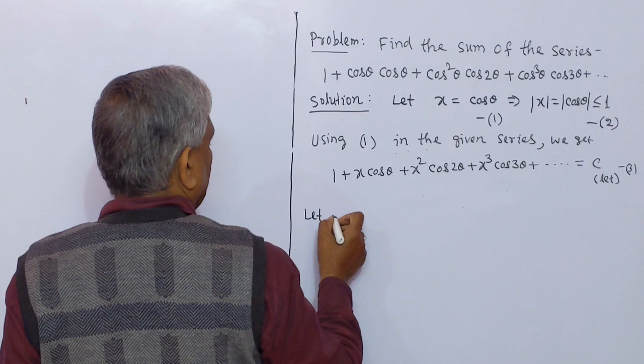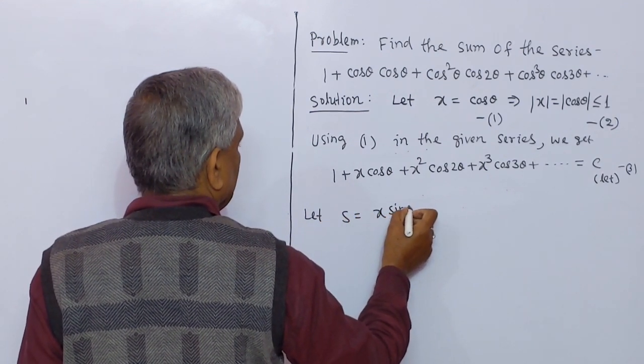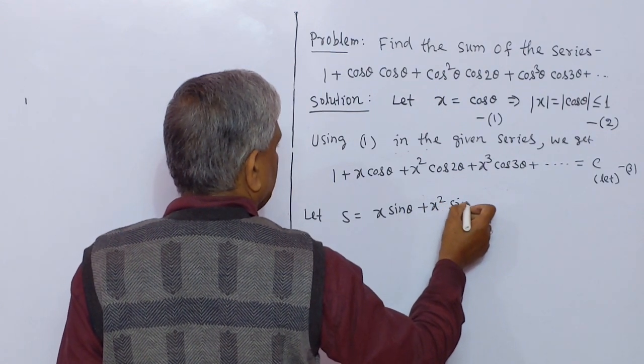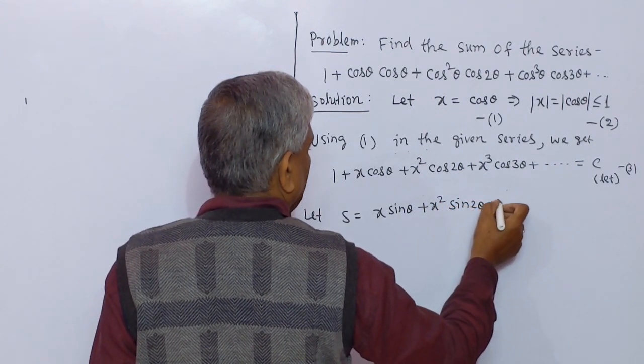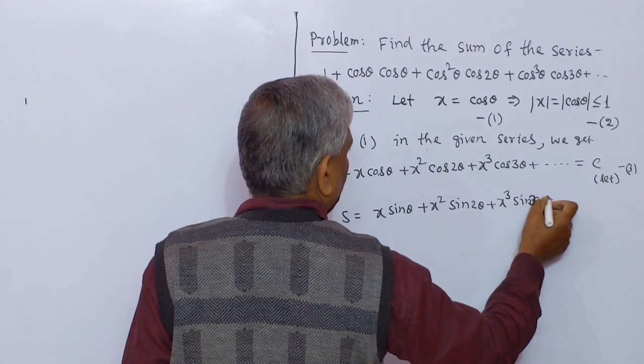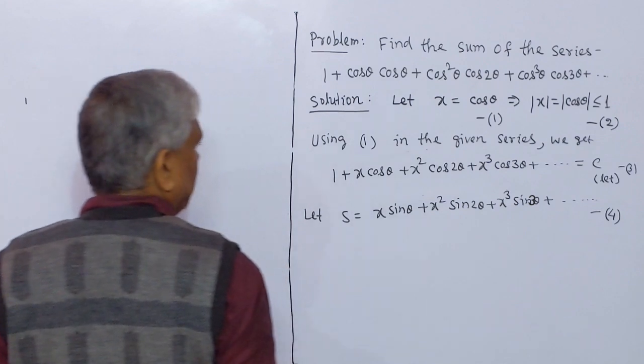Let S equal to x sin theta plus x square sin 2 theta plus x cube sin 3 theta plus dot dot dot. This is number 4.